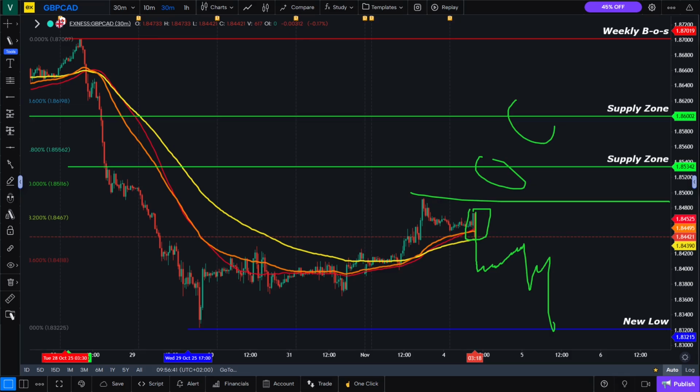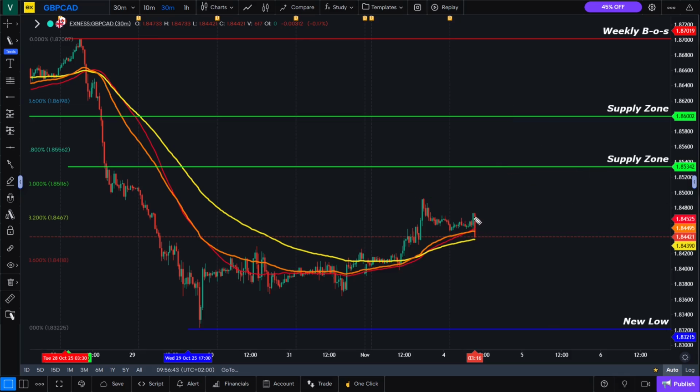So if this is your idea, what you would like to see is, after this drop, the retest and then a continuation to the downside, without you getting chopped up just because you're chasing this strong momentum to the downside. So that is it with the pound and the Canadian dollar.